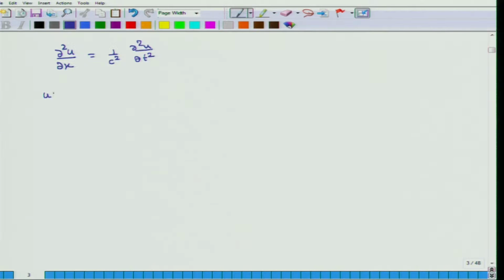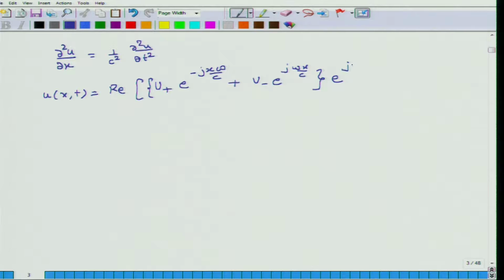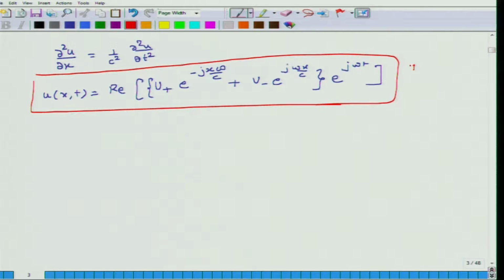And that equation will be u of x and t is equal to real of u plus e to the minus j omega x over c plus u minus e to the j omega x over c, times e to the j omega t, and this equation is the transmission line equation for velocity.